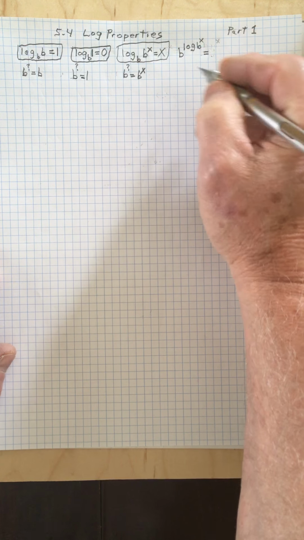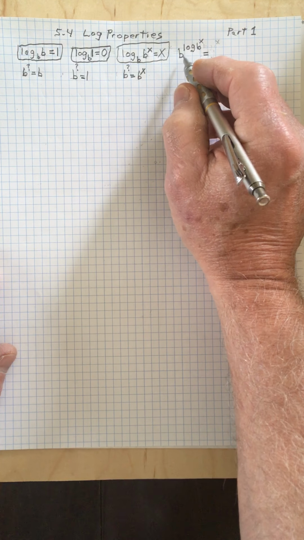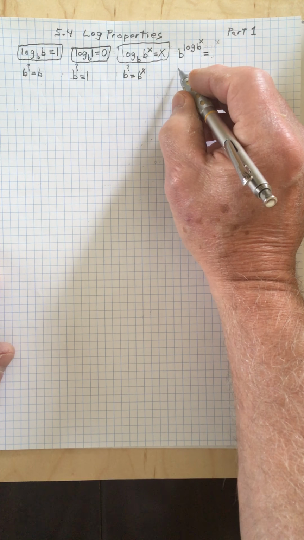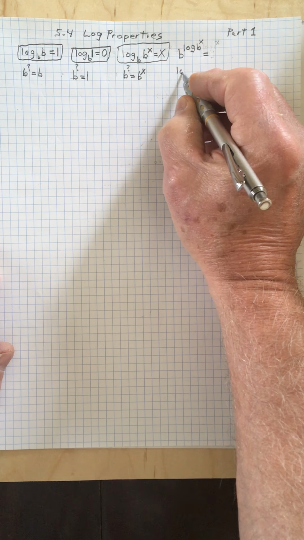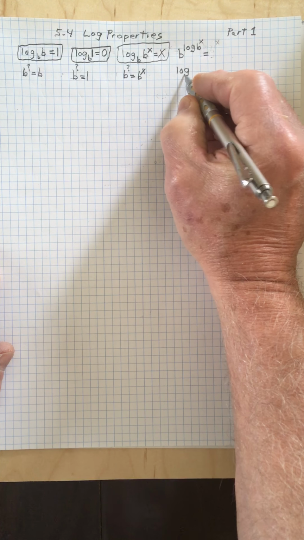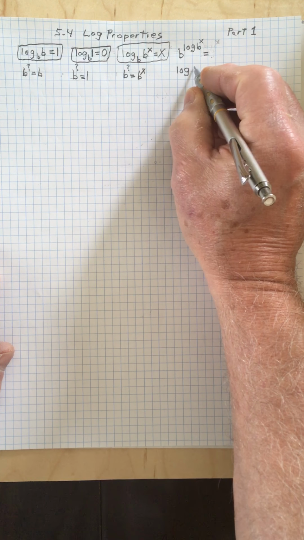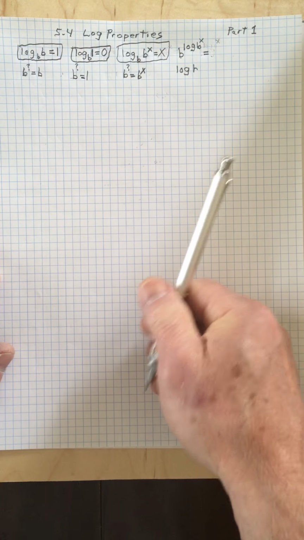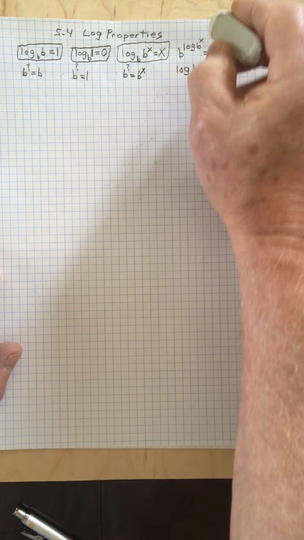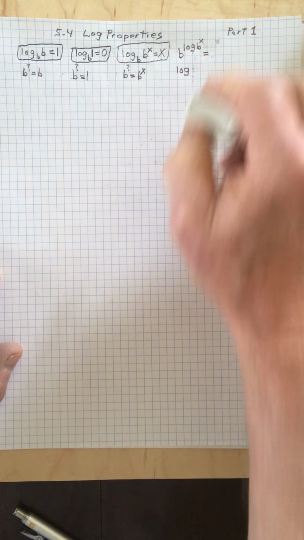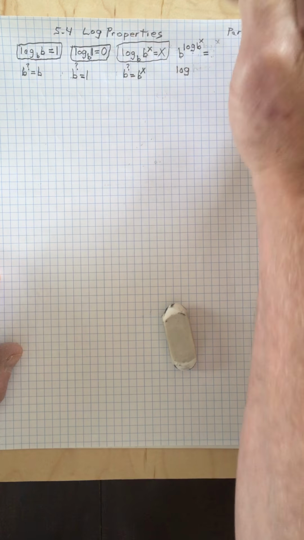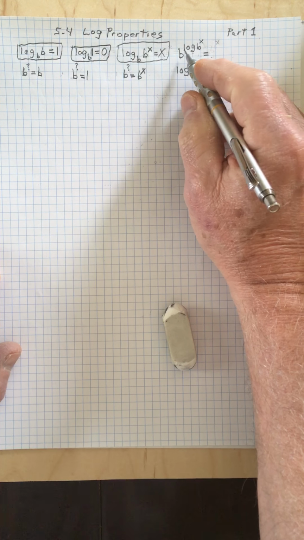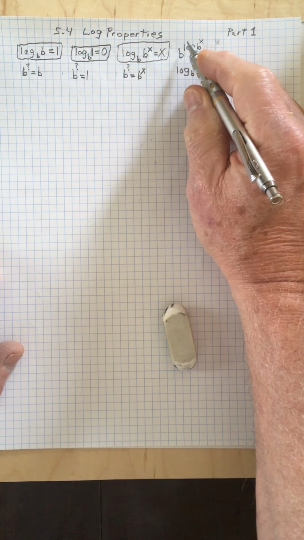Similar thing here. Here we're starting with the exponent form, so we're going to convert back to log form. So log, base is b. Okay, this is the exponent right here.